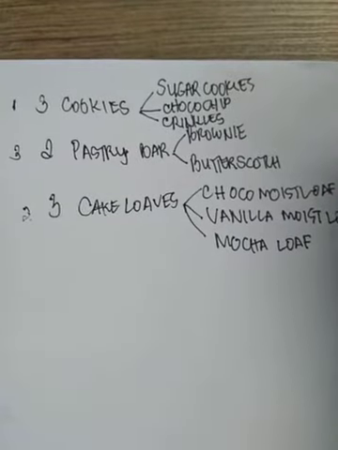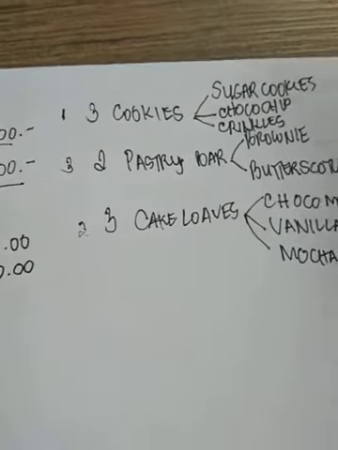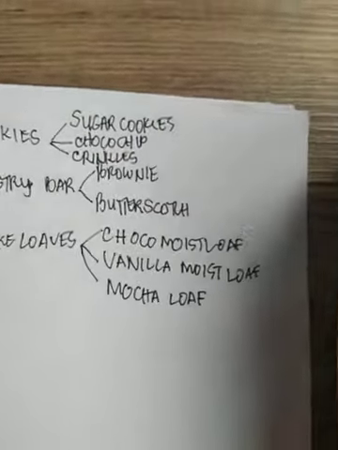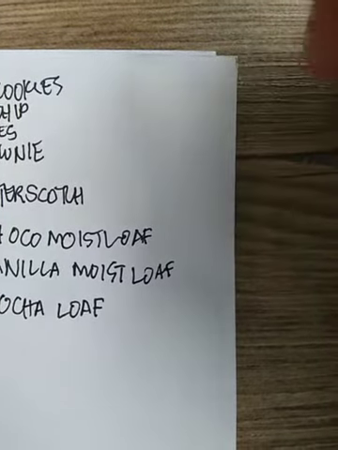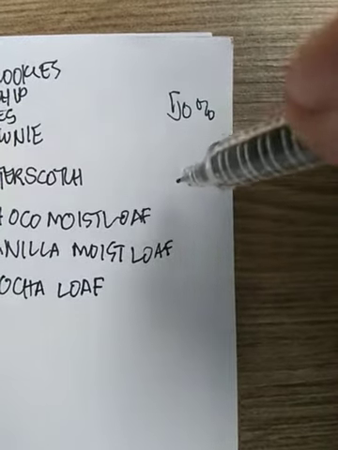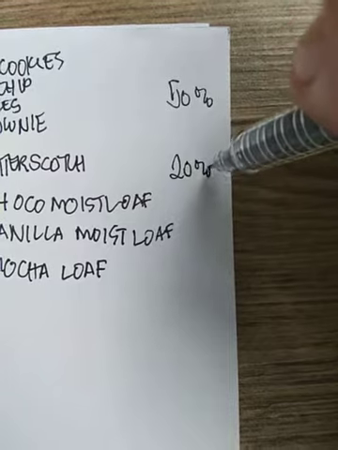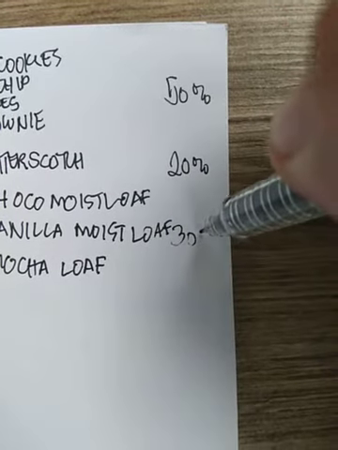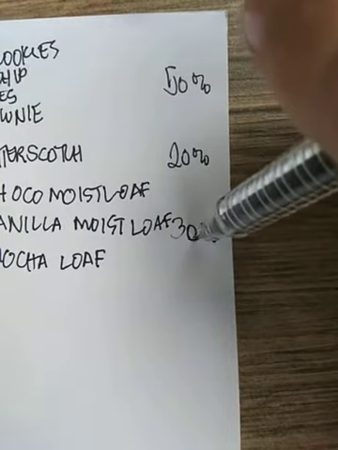So, halimbawa, sa bulk of the production mo, gagawin mo ngayon, 50% ng production mo is cookies, 20% yung pastry bars, and 30% yung cake loaves. So, this is just the distribution.